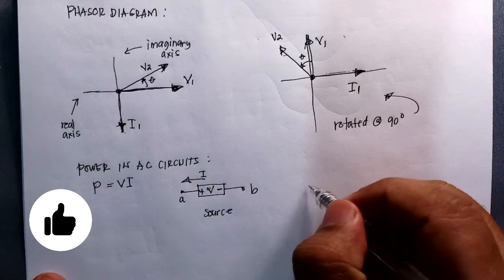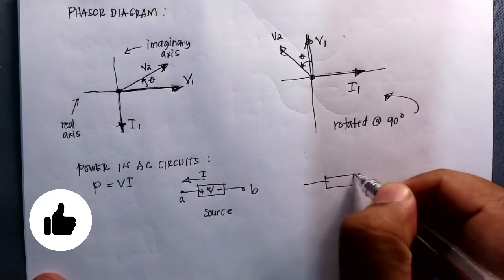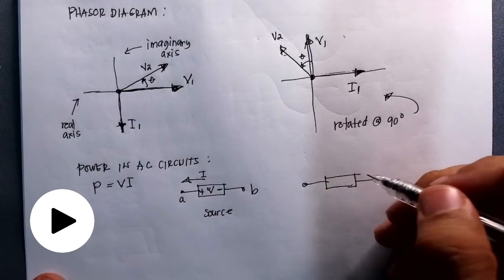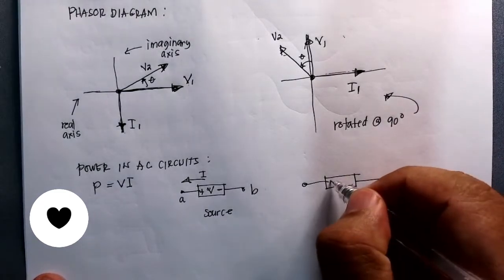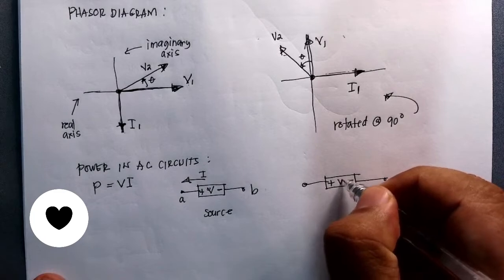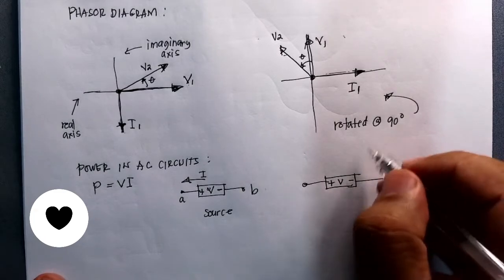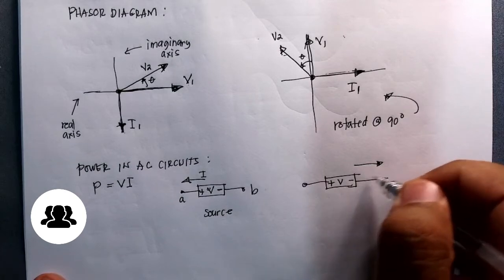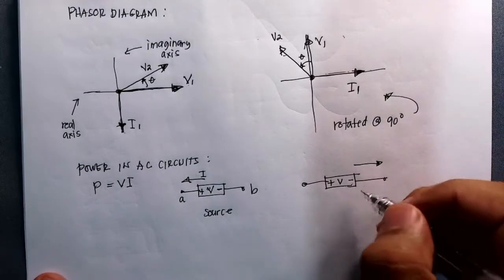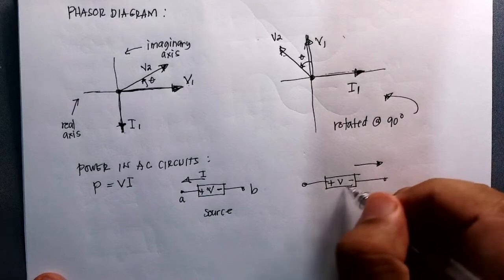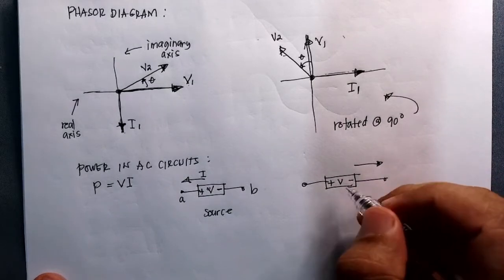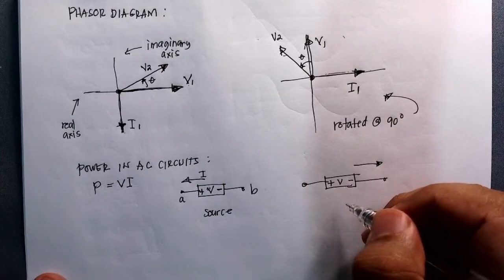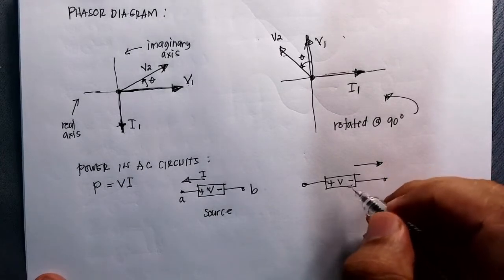But if our rectangular element, which we do not know is a source or a load, again has positive and negative for our voltage, and the current is going into the positive and out from the negative polarity, it means that this element is absorbing energy or dissipating power.